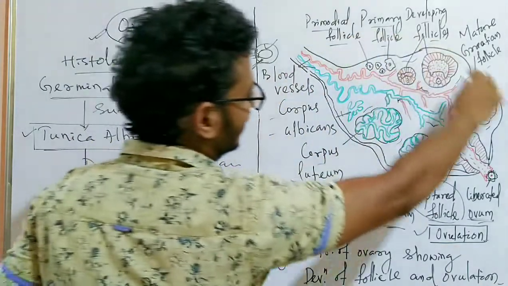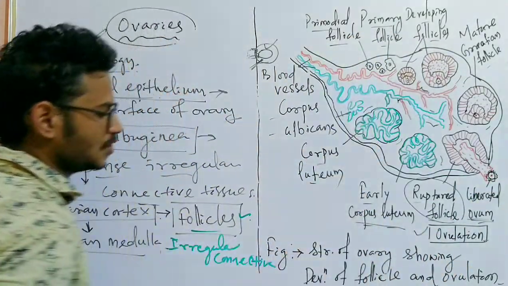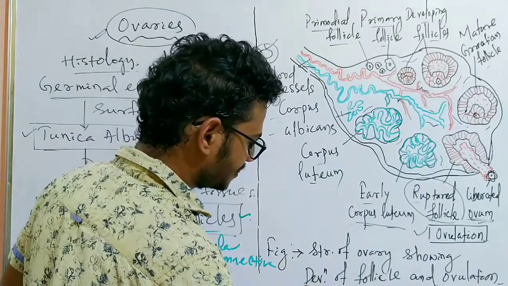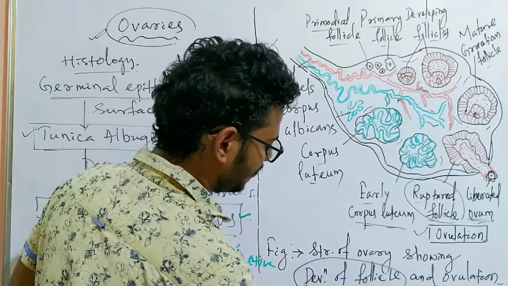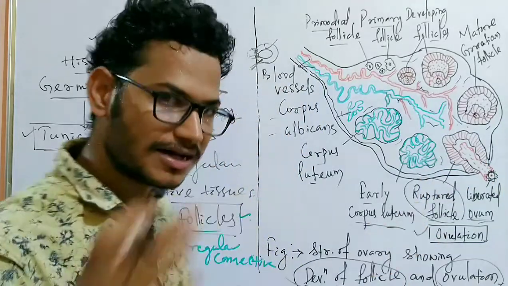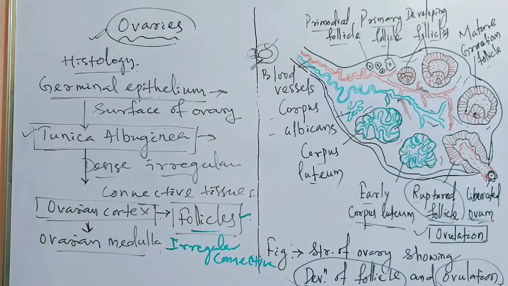So this is a cyclic process. Here in the diagram you can clearly see the development of the follicle, and the process of ovulation, how the Graafian follicles rupture to liberate the ovum.